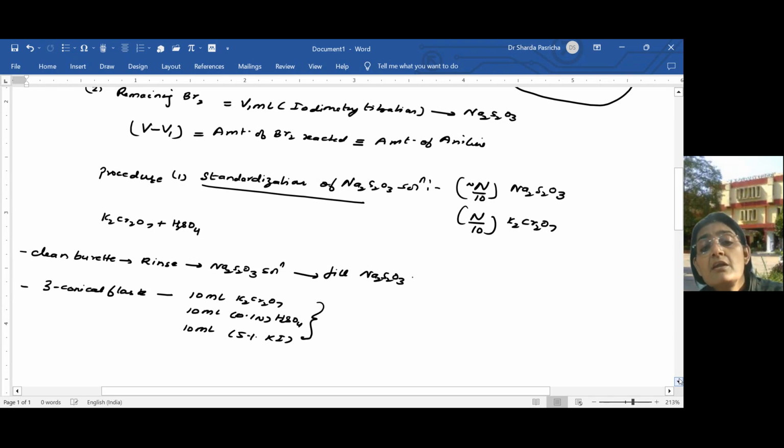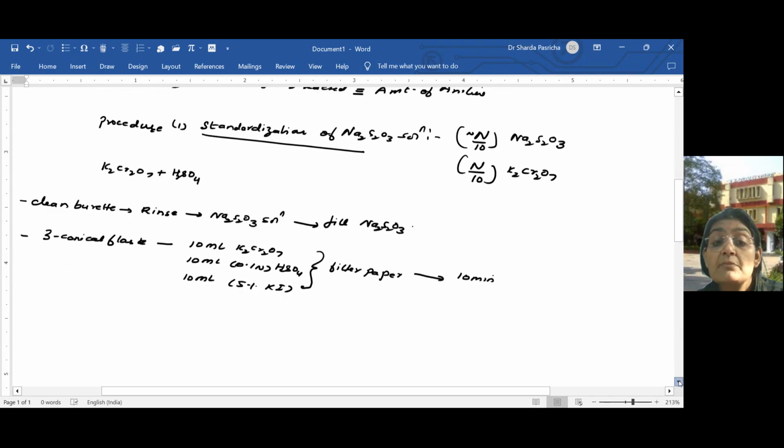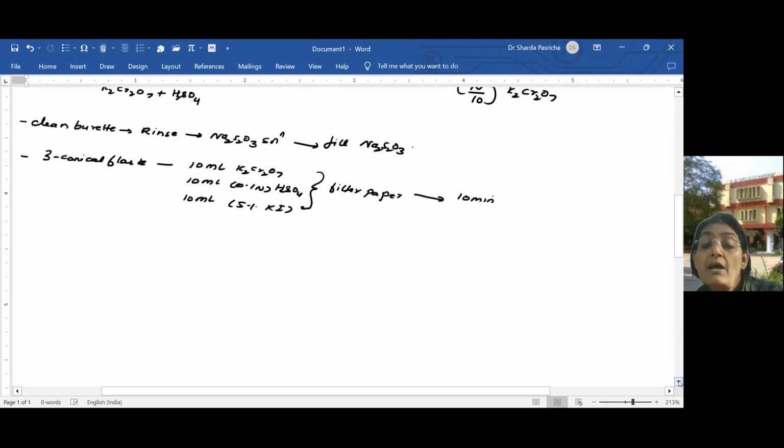You will cover the titration flask and leave it undisturbed for 10 minutes. This is to allow the redox reaction to take place. Allow potassium dichromate to oxidize potassium iodide to iodine.